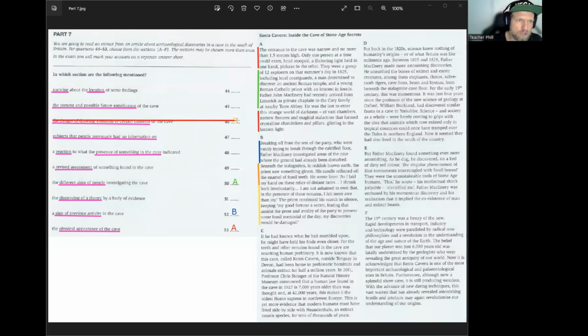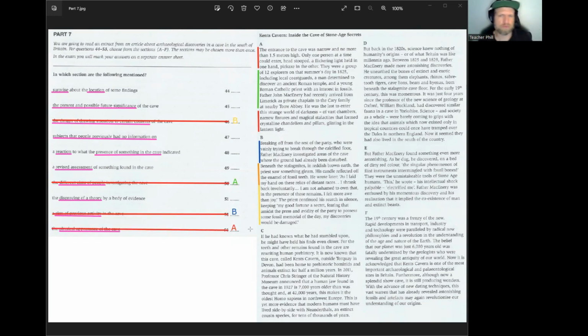So you can just cross out the ones that you already have, so you don't have to worry about them anymore. And again, the more information we can reduce, the better for us. Now for the next four paragraphs, we already know that we only have six questions left. So you can see how to do this.